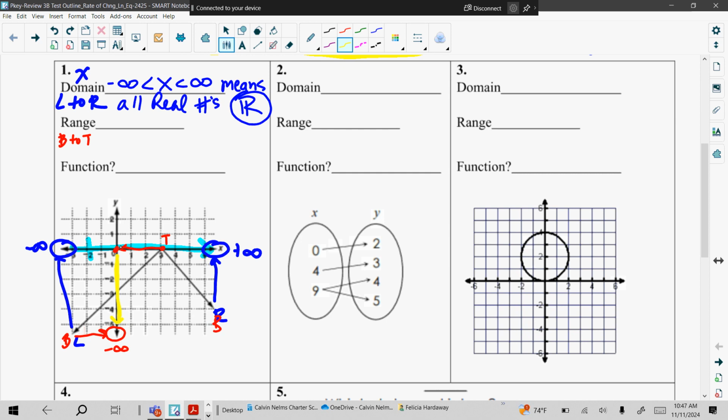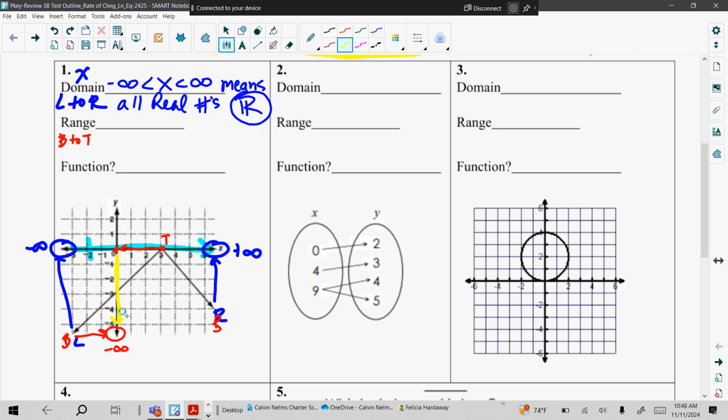Is the number 5 in the range for this graph? Is the number negative 10 in the range? Yes. Okay. Is the number negative 0.5 in the range? Yes. Is 0 in the range? Okay. Is 0.5 in the range? Okay, so what numbers are we really talking about here?